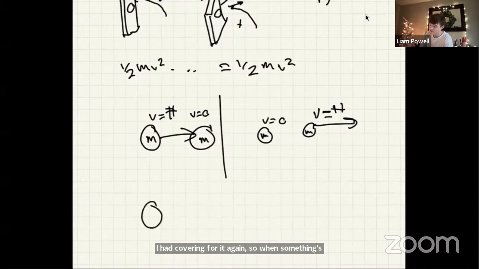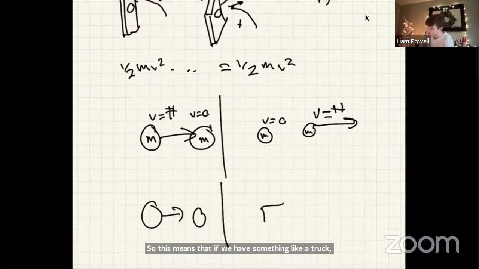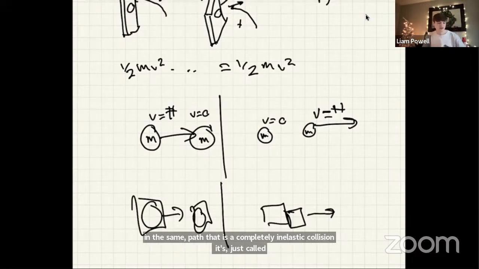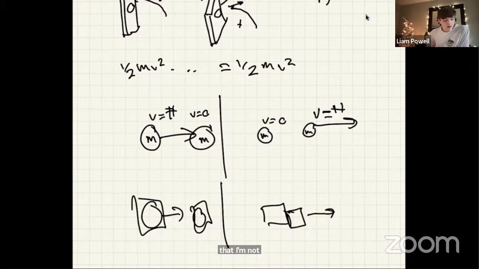If a truck hits a small car, and they stick together and continue in the same path, that is a completely inelastic collision. It's just called that. I'm not exactly sure why.